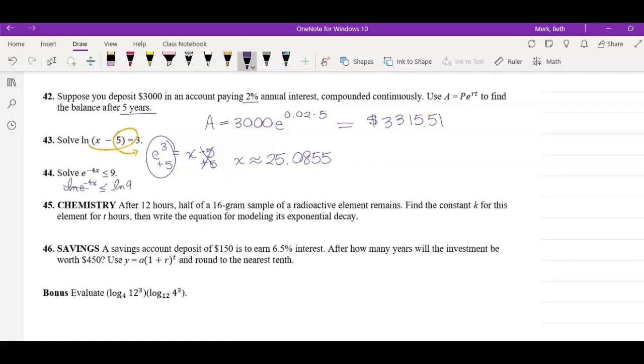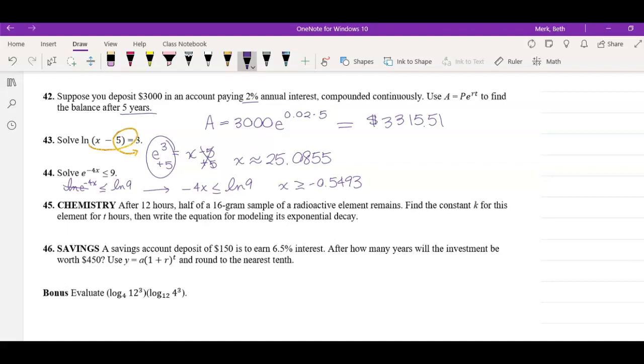The natural log and the e cancel, and now I have negative 4x is less than or equal to the natural log of 9. I'll divide by negative 4, which flips the symbol, and I end up with x is greater than or equal to negative 0.5493 for my final answer.